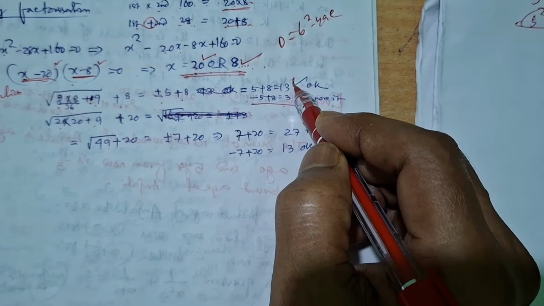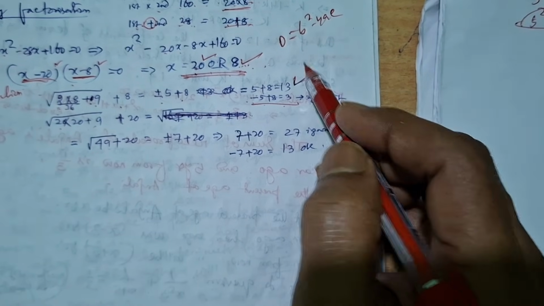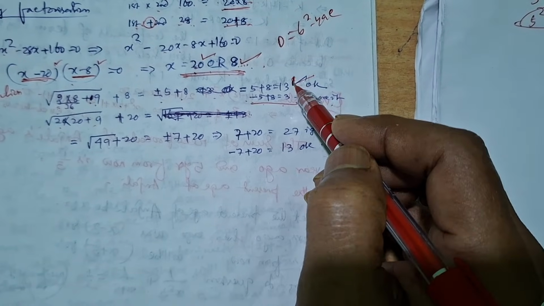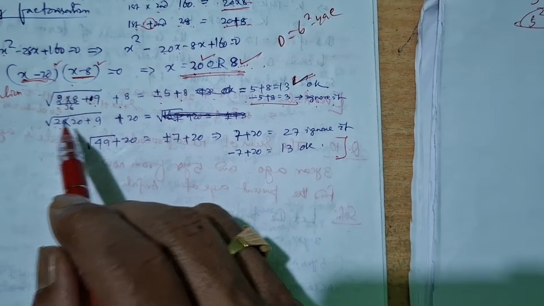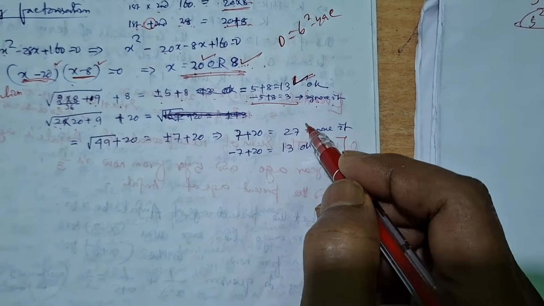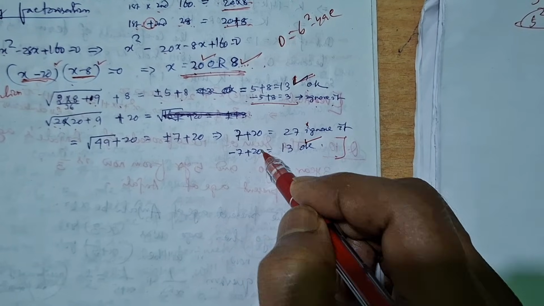This is possible because out of these two you apply this, take this one, this is also possible. The other one, if you take 20, this is also, there is a possibility.